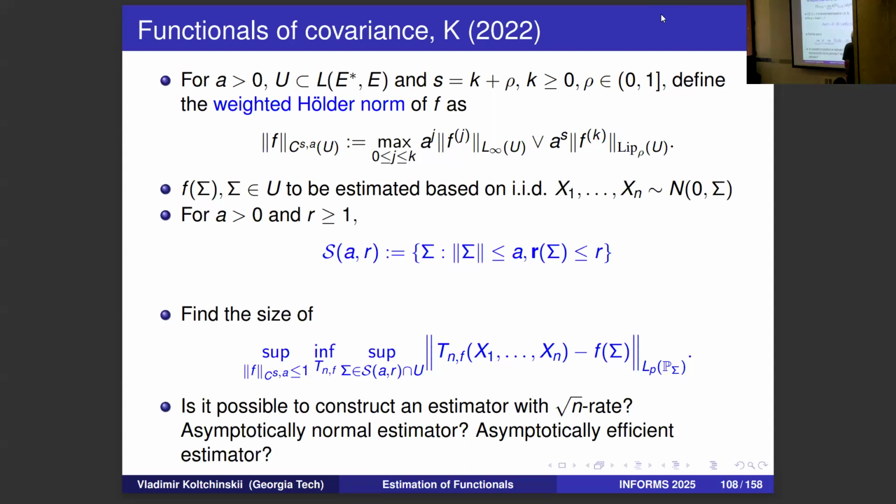And at the end, we will try to find the size of this type of quantity. I will do it locally because I don't know how to prove a lower bound globally, and maybe it makes sense, because essentially, in order to estimate f of sigma, you don't need to know that f is smooth on the whole space. It's enough to have smoothness only around the true parameter sigma.